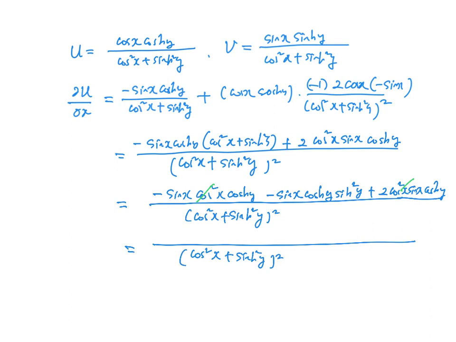We have cosine square x sine x cosine hyperbolic y minus sine x cosine hyperbolic y sine hyperbolic square y. Correct? And sine x cosine hyperbolic y is common.